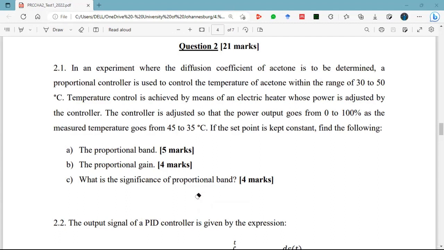So the significance is that it links to the sensitivity of the controller.